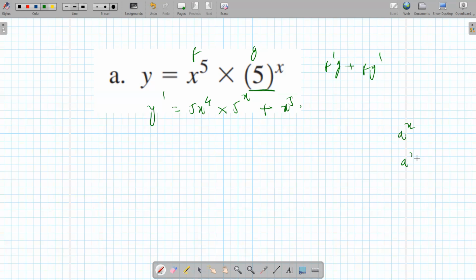Again, it's going to be itself times the ln of that base times the derivative of the exponent, if there's an exponent. So it's going to be 5 to the power of x as it is times ln of 5. And the chain rule doesn't apply because the derivative of x is just 1.